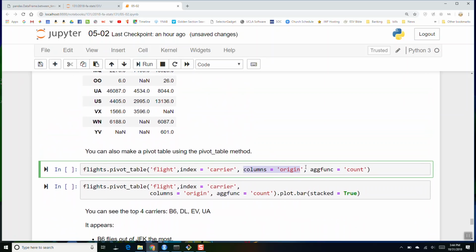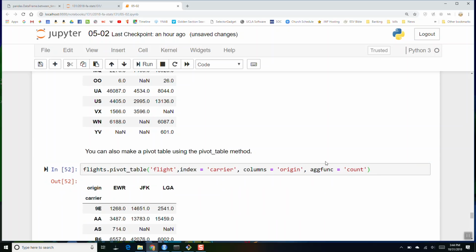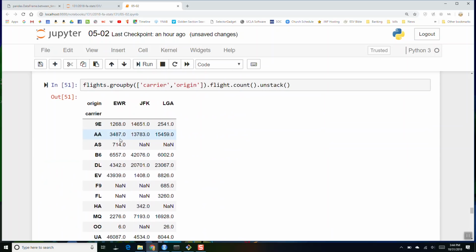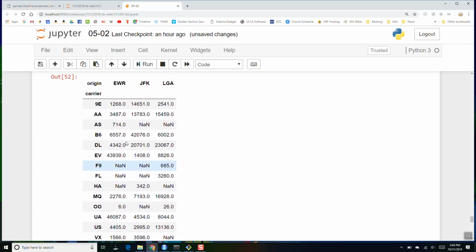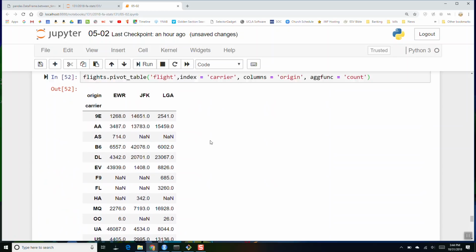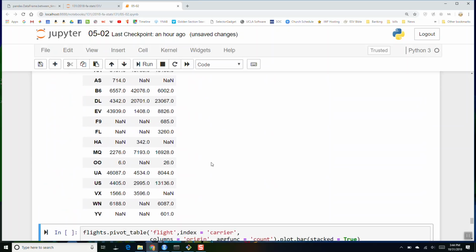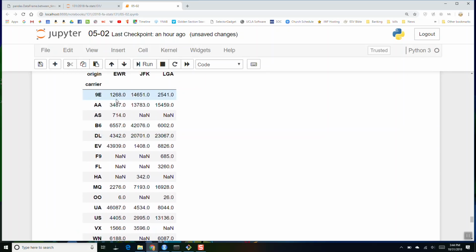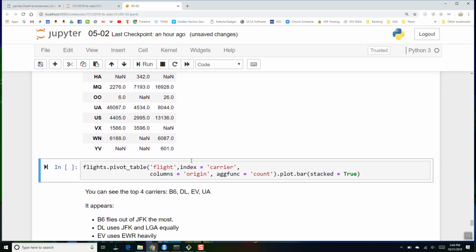When you do a pivot table, the default function is to use the mean, but in this case we want just the count. So you specify the aggregation function and you say count. And when you do that, we get the exact same results as up here, as doing a multi-index and unstacking. Missing values where things are not there.